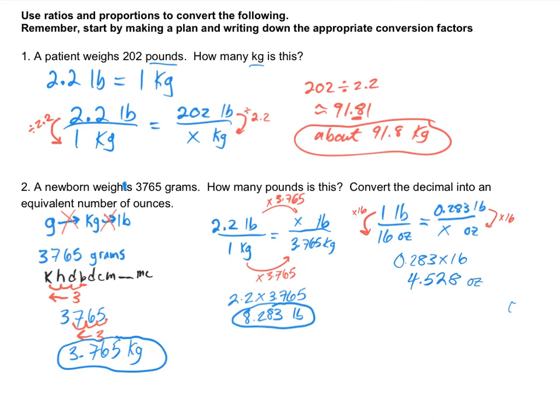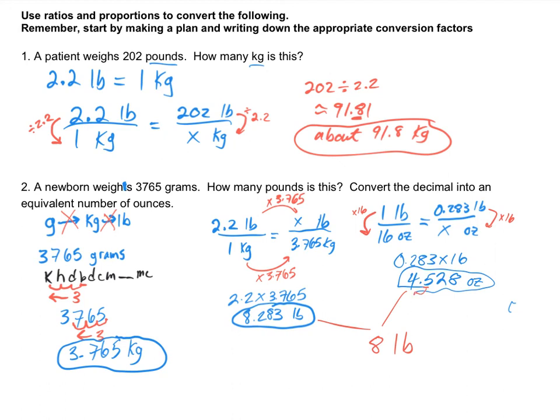So what we just did, again, was change that decimal into an equivalent number of ounces. So we would put this together and say that this newborn weighs 8 pounds, and approximately, this is a tough one because we could round up to 5.